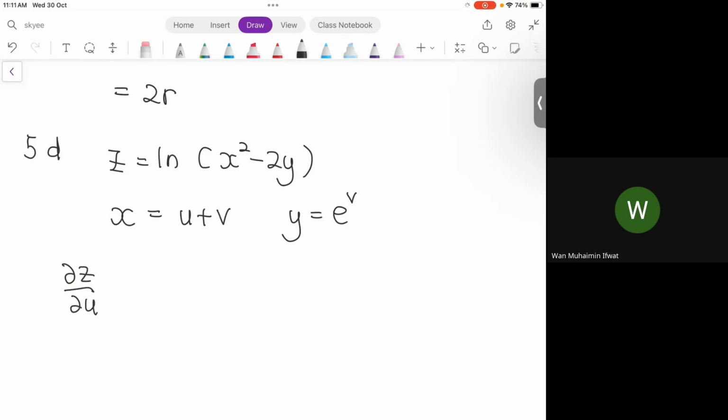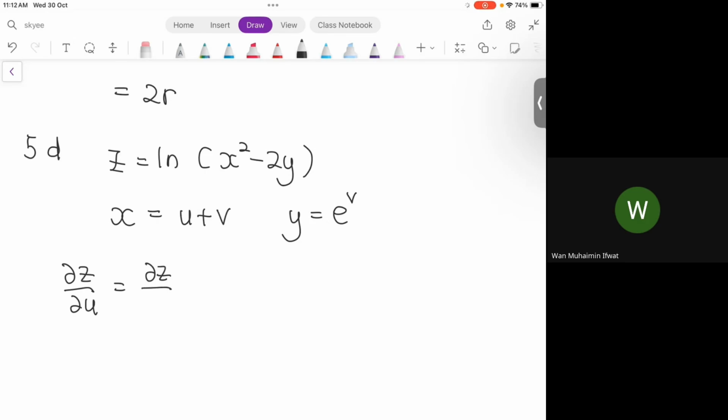So first step, again, form the equations. The equation won't always be the same because it depends on how they name the variables. You cannot memorize it; you need to learn how to come up with the chain rule equations. For del z del u, look at the function z. It has two variables, x and y.